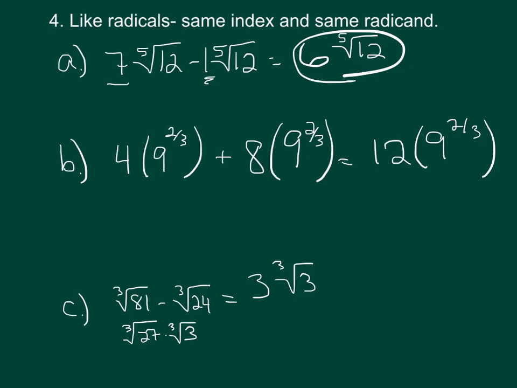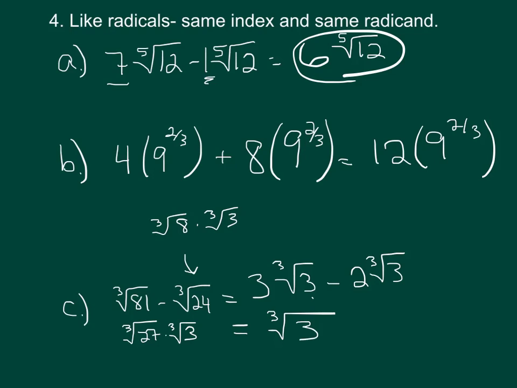And if you look at 24, 24 can be broken down as well into the cube root of 8 times the cube root of 3. So the cube root of 8 is 2. We're left with the cube root of 3 attached to it. And now we can simplify. 3 times the cube root of 3 minus 2 times the cube root of 3 is going to leave us with 1 times the cube root of 3, or just the cube root of 3.